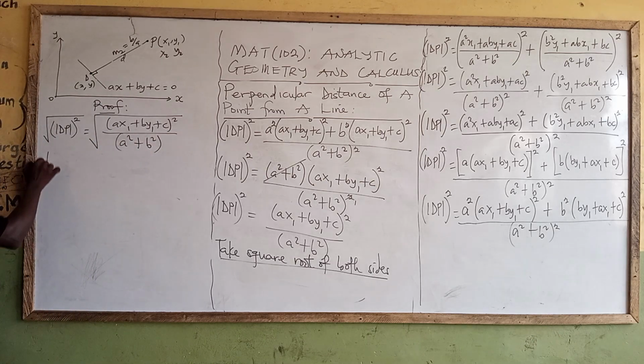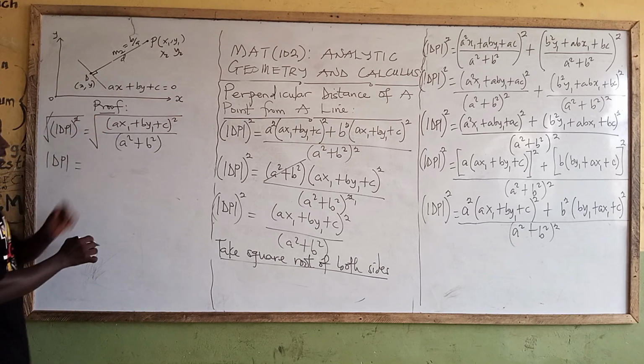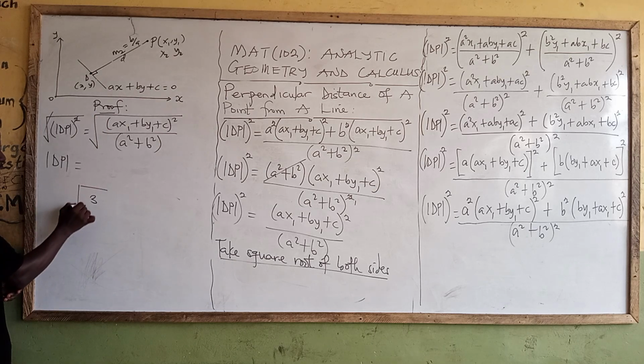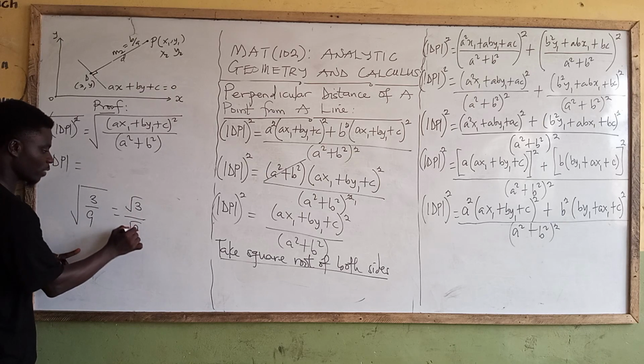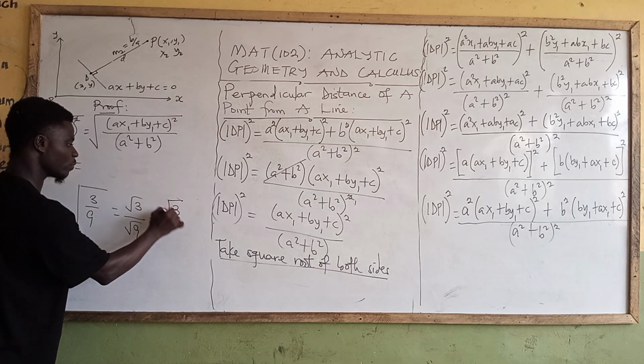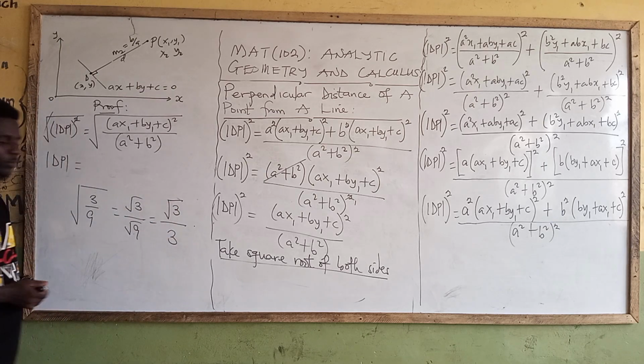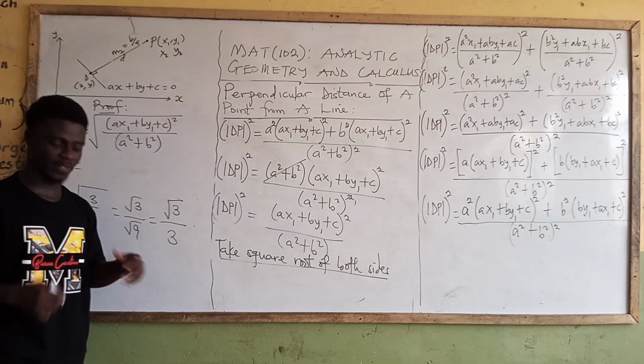Right. So our length of DP. This one takes away that. So now, don't forget, if you have square root of 3 over 9, it's the same thing as square root of 3 over square root of 9, which will give me square root of 3 over 3. Square root of 9 is 3.